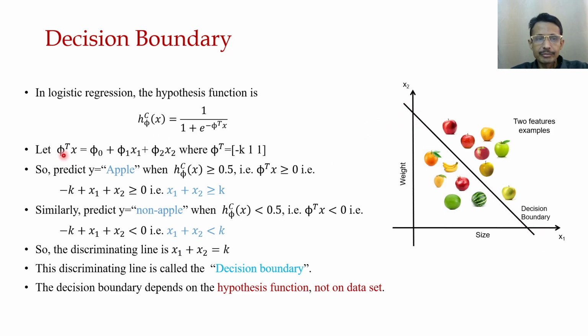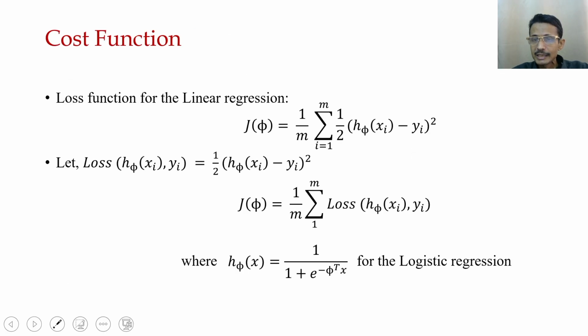Let phi transpose x be phi 0 plus phi 1 x1 plus phi 2 x2, where phi transpose is basically minus k, 1 and 1. So these values are minus k, 1 and 1. If we have to predict y equal to apple, what does this mean? We have to say this hypothesis function is greater than 0.5, as you see here.